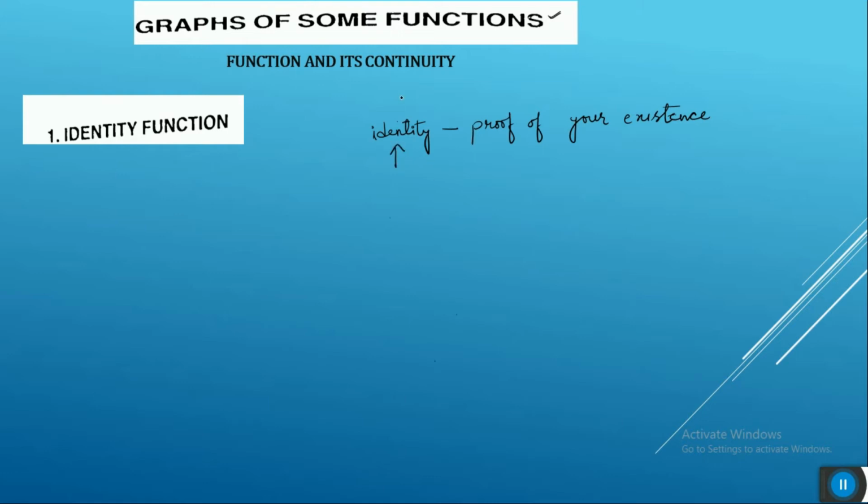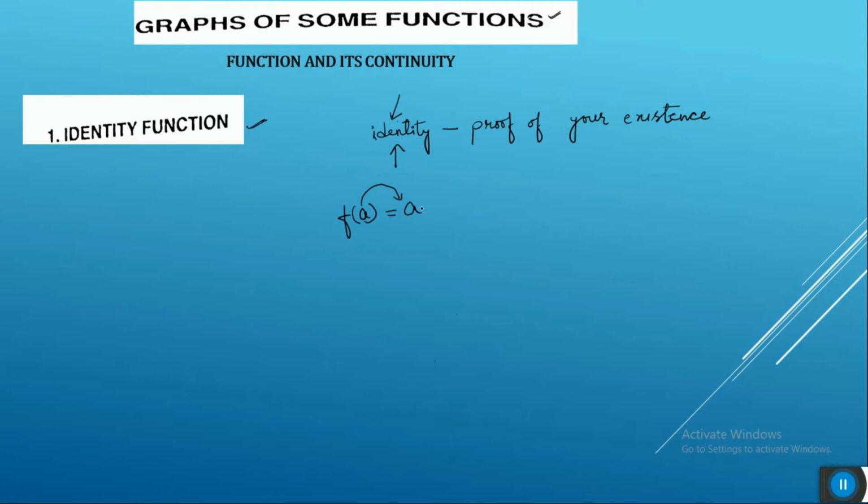Your identity cannot be changed. Similarly, if I have a function in which I put a value and I get back that same value, that means the identity of A has not changed. So this kind of function will be called an identity function.